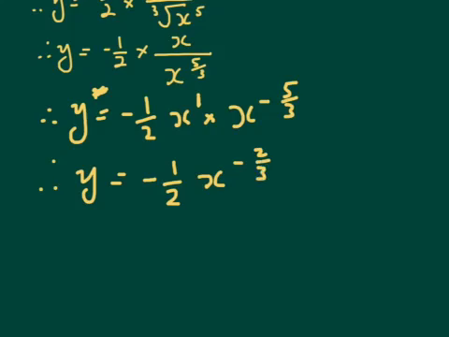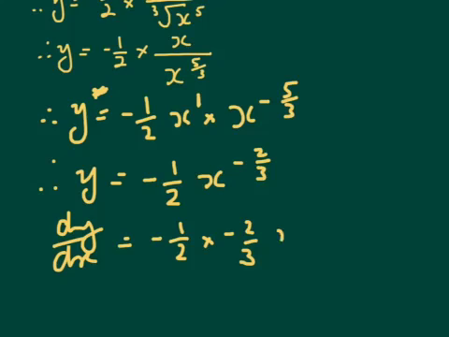So now, at long last, we are ready to do the calculus. So we would say dy dx, or y dash, doesn't matter, equals negative a half times, bring the index out front, negative 2/3, and reduce your index by 1. So negative 2/3 take 3/3 is going to be negative 5 on 3.